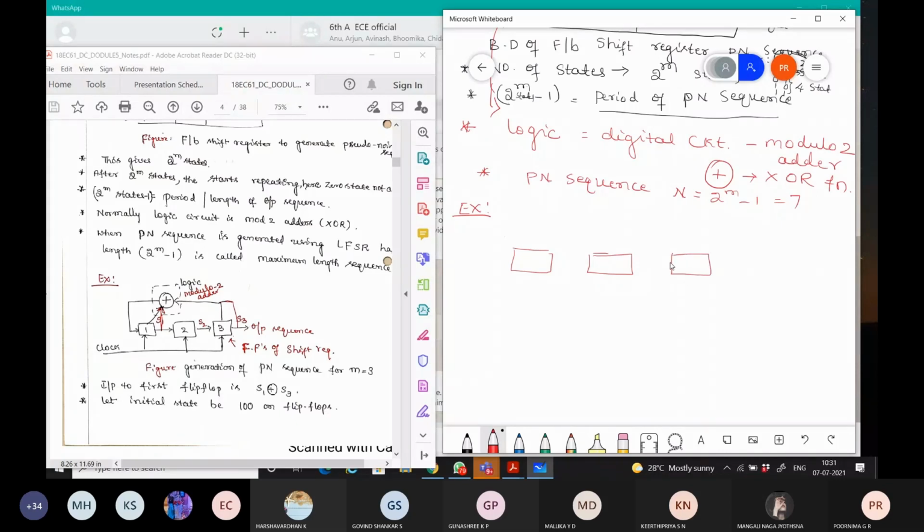All the flip-flops let me represent as 1, 2, 3, and these 3 flip-flops are interconnected, and the output of the flip-flop is the output sequence, and this is a shift register, and since a linear feedback also exists with this PN sequence, that particular feedback has been generated by XORing the two flip-flops' outputs.